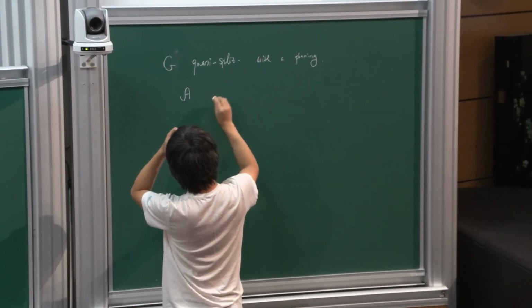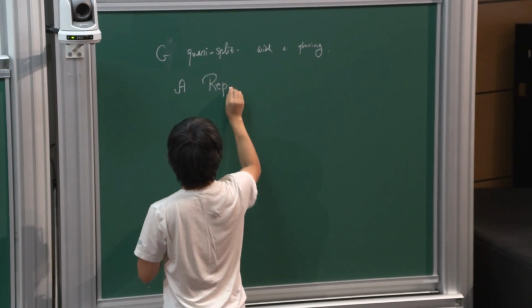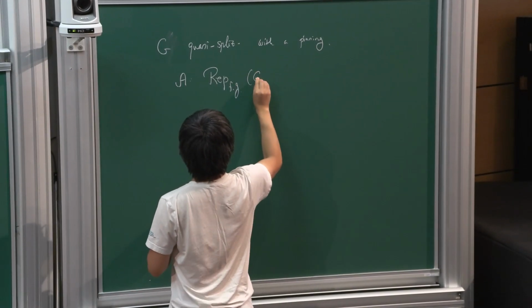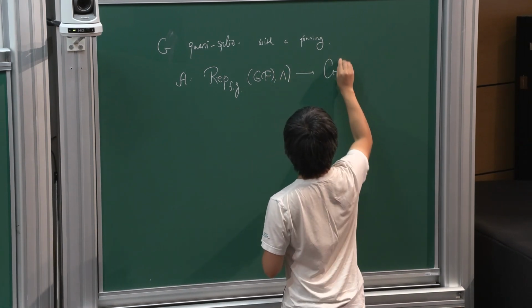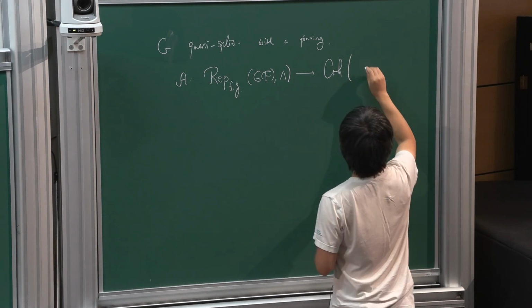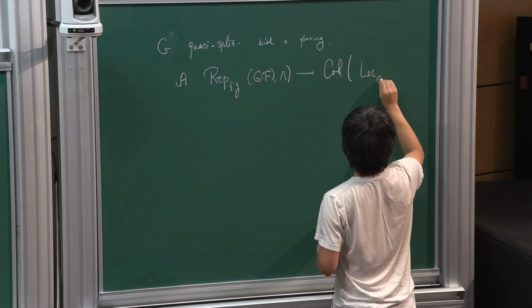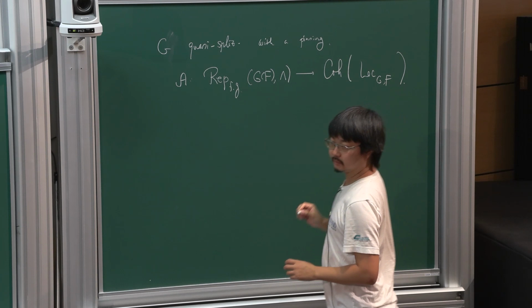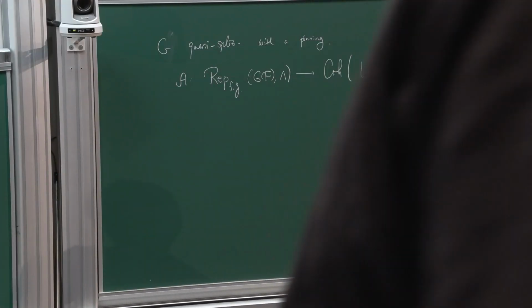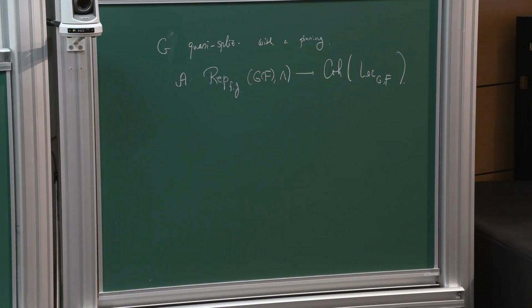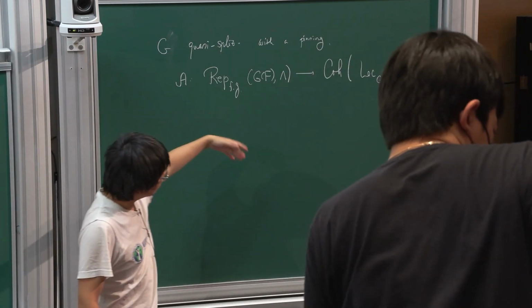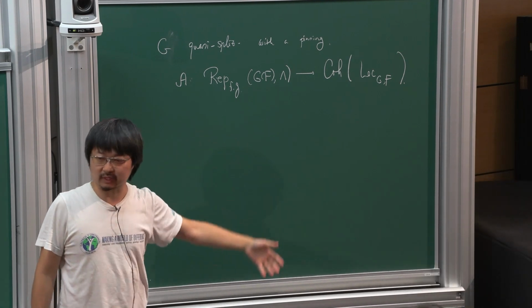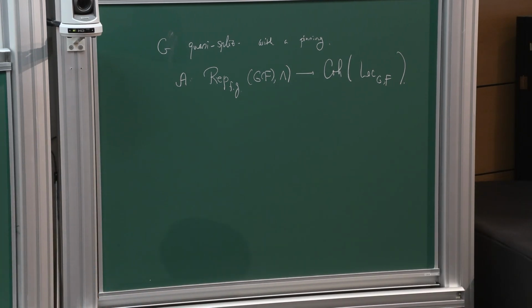Then there should exist a fully faithful functor satisfying a bunch of properties, and some consequences of the conjecture give you something which one can check.